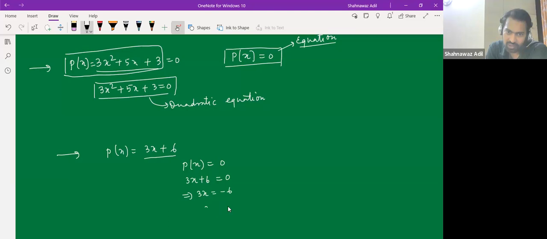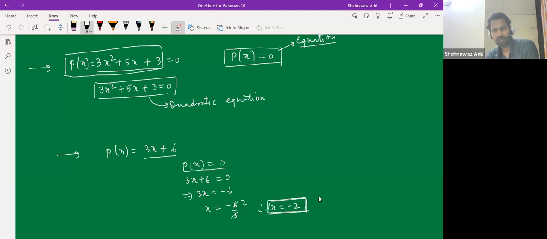So x is minus 6 by 3, which is minus 2. You see, when I put p(x) equal to 0, I get the value of x. So these values will be called the zeros of the polynomial.